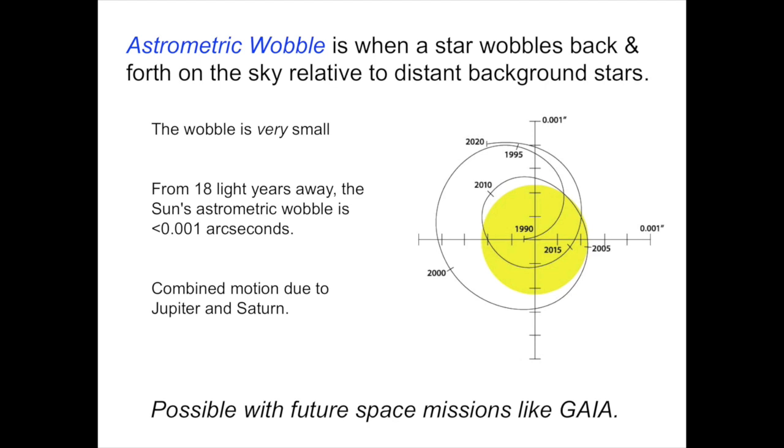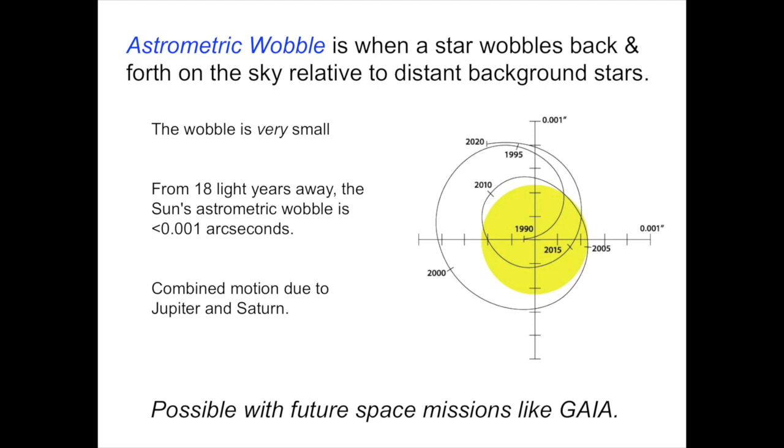For example, if we were to travel 18 light years away from our own solar system and look down upon the solar system from above, we would see the sun wobbling around due to the combined mass of all of the planets in the solar system. Because the two most massive planets are Jupiter and Saturn, quite frankly, those two will dominate all of the wobble, with the other planets only making small secondary contributions.